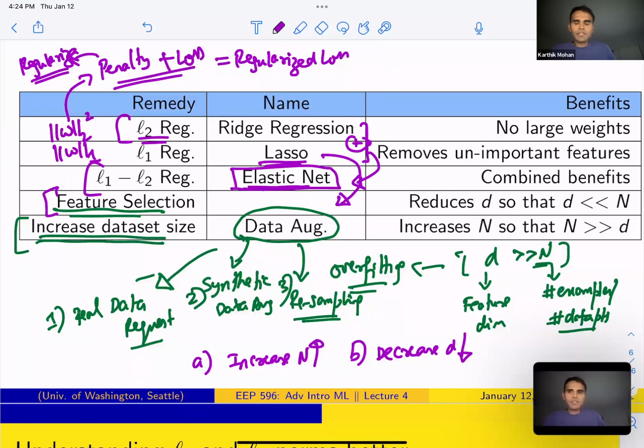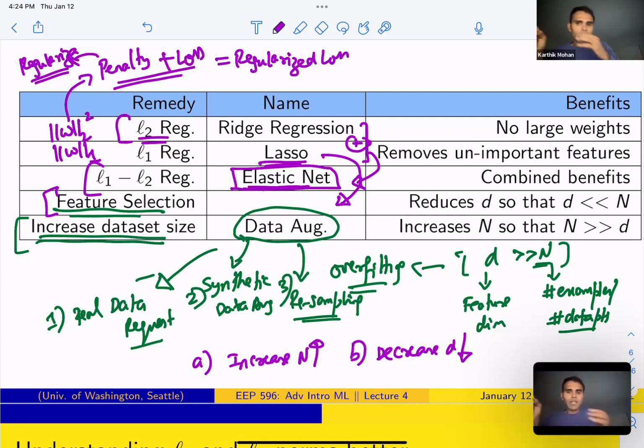So instead of adding one penalty, you add two penalties. Now it's a trade-off between what this penalty does and what that penalty does, and then I also have my loss function. The loss function is obviously trying to learn. If you leave it by itself, it'll overfit. So then you have a lasso that says let's prune the features, and ridge regression that says let's clamp down the weights.